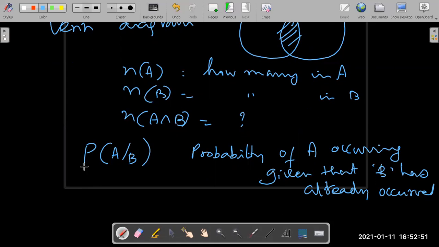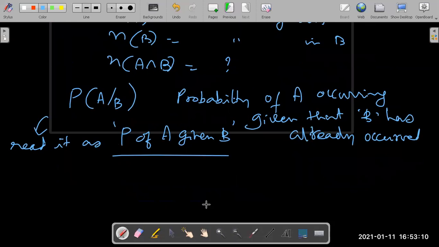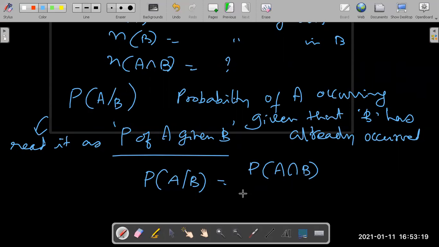We write it as P of A given B. This is how we read it. That's the meaning: what's the probability of A occurring given that B has already occurred? The formula is probability of A given B equals probability of A intersection B divided by probability of B. This is the formula.